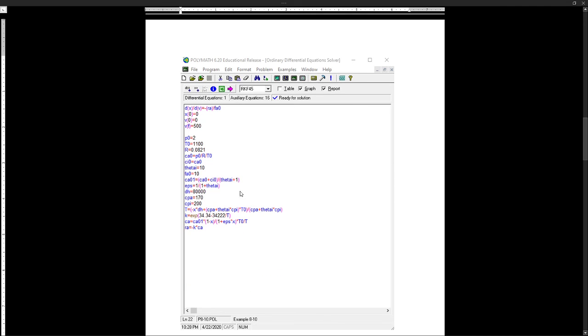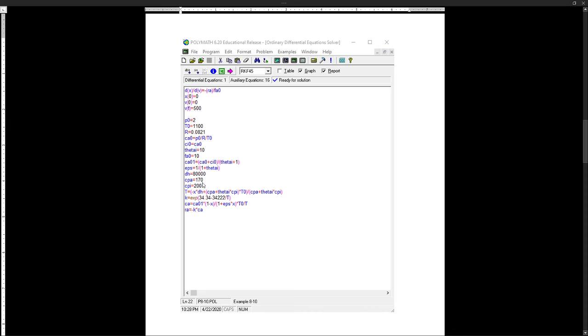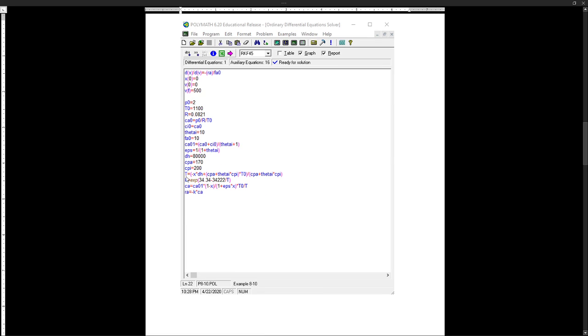Scrolling back down here, epsilon is in here, and then we have the delta H and the C_Ps for both of the gases. Then again the temperature profile, and we also have the k equation that was given in the problem statement.